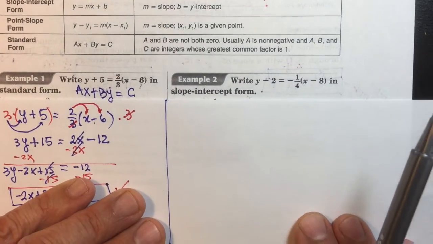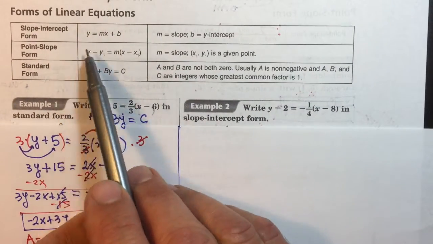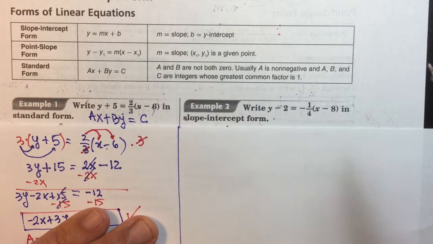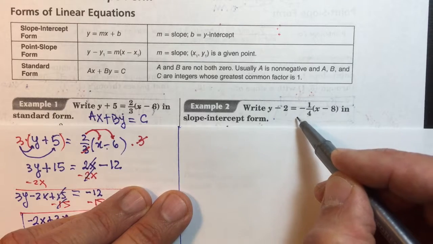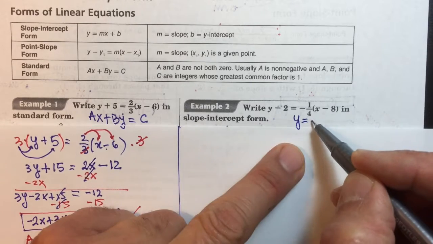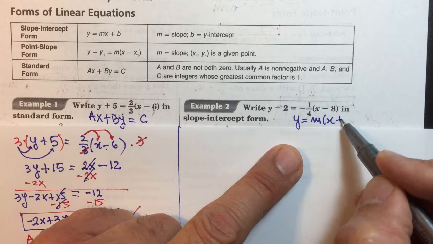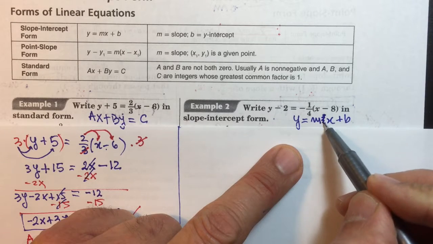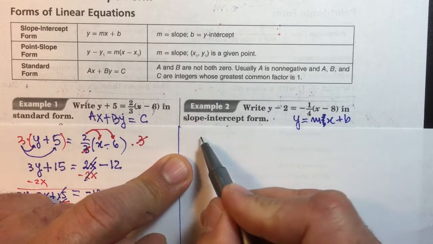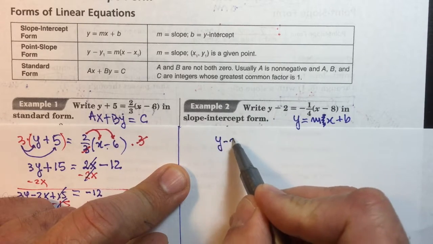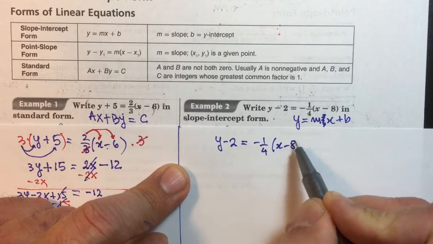So we have to change this one that is given in point slope form to my new form, the slope intercept, y equals mx plus b. Very good. So I'm going to rewrite it here, y minus 2 equals negative 1/4 times x minus 8.